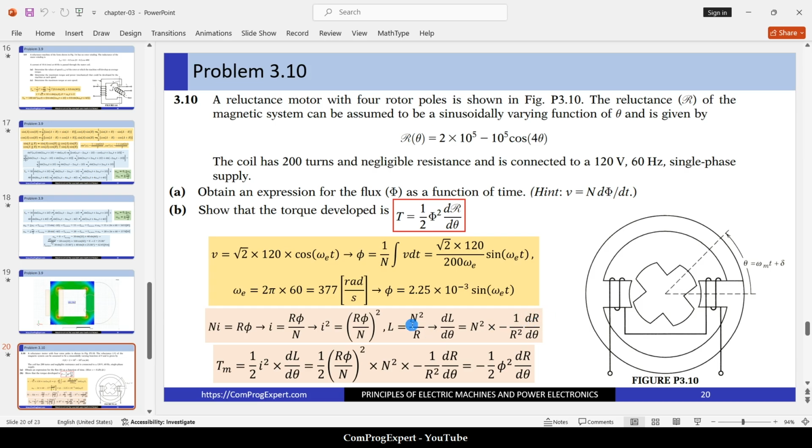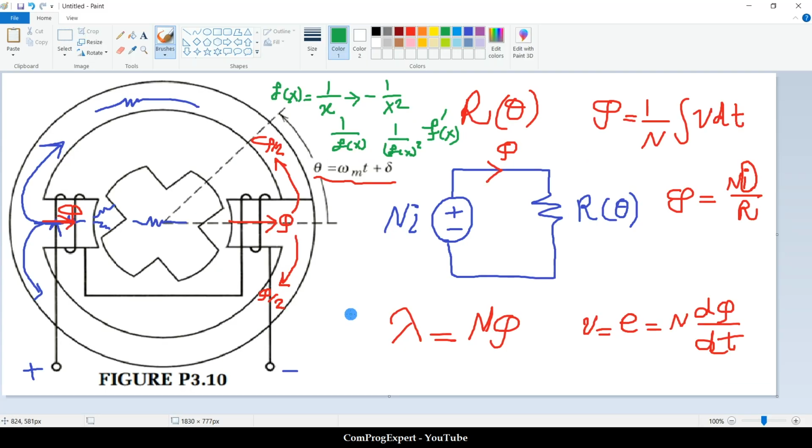If you replace this derivative and the value of the current, we will have this equation. The magnetic torque will be equal to negative of 1 divided by 2 phi to the power 2 dR d theta. Here again we have a typo; we should have this negative sign. This is interesting.